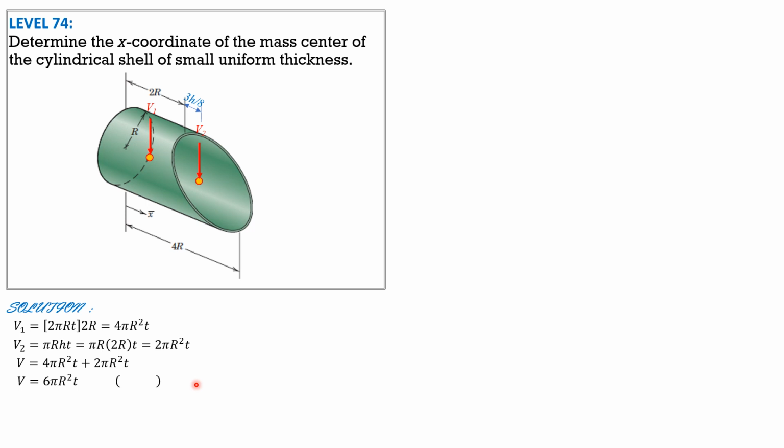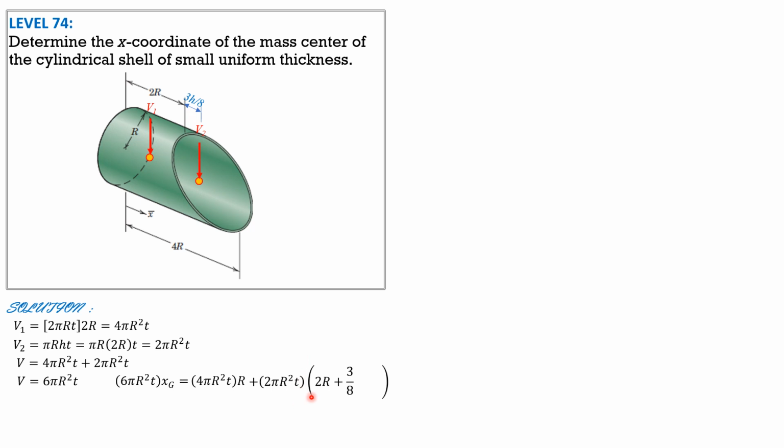Then by Varignon's theorem, 6πr squared t times x_G equals 4πr squared t times r, that distance is r. So 4πr squared t times r, then plus 2πr squared t, and the centroidal coordinate is 2r plus 3/8 of h, where h is 2r.